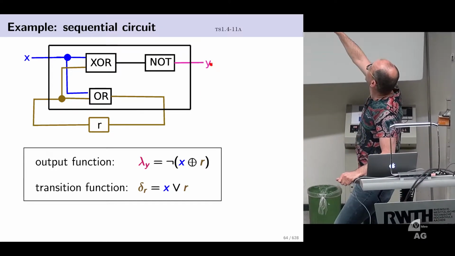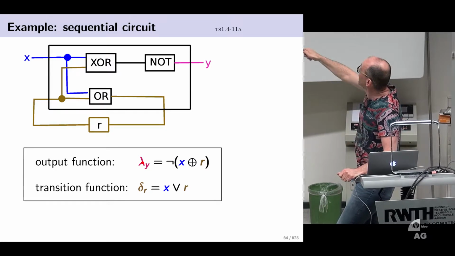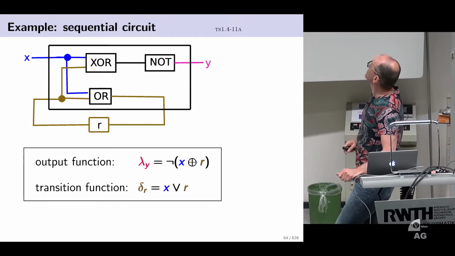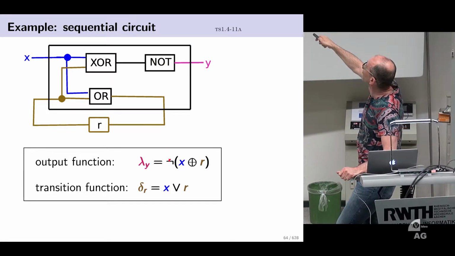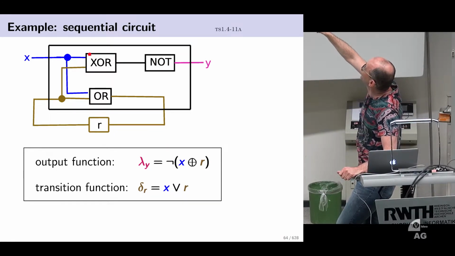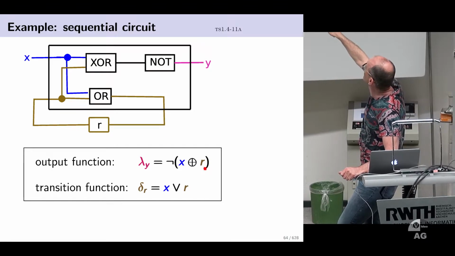The output function tells you for y, so we have only one output function, namely lambda y. What is lambda y? Well, it's the negation, so this is the inverter, of the output of this XOR, so this symbol stands for exclusive OR, and then here is an x, so that's the input to the exclusive OR, and the current value of the register. This brown over here is the current value of the register, that's r.